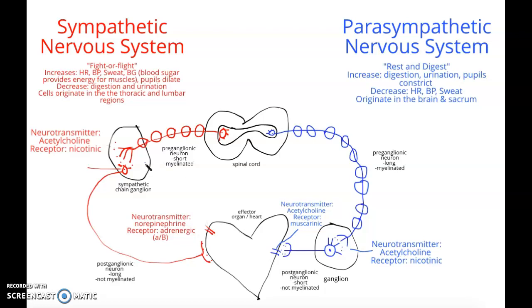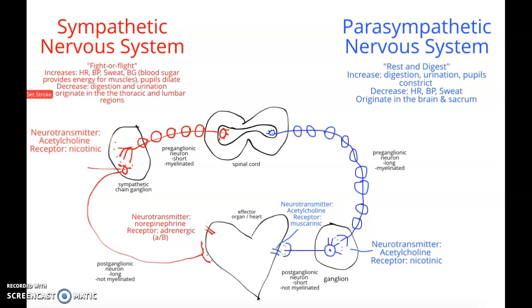So because different neurotransmitters and receptors are being used, that is how we can have different effects. So for example, acetylcholine is used in sympathetic and parasympathetic. So how does it have a different effect? That doesn't really make sense. It's the same neurotransmitter. The difference is it can bind to nicotinic receptors or muscarinic receptors. So when it binds to a muscarinic receptor, it does things differently than when it binds to a nicotinic receptor.